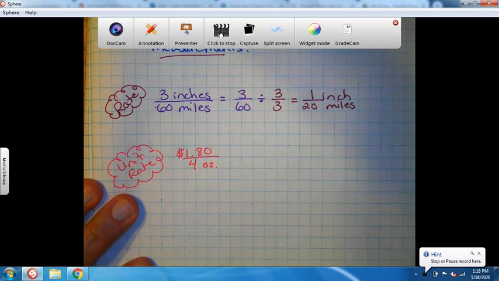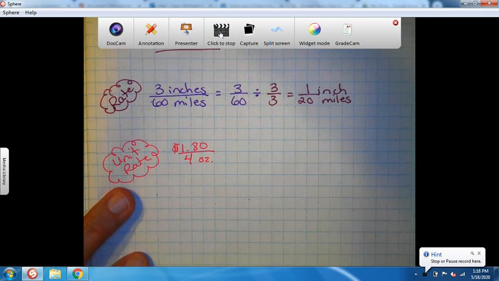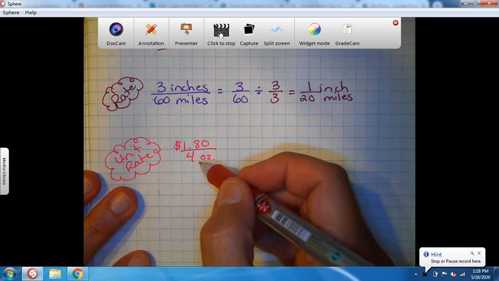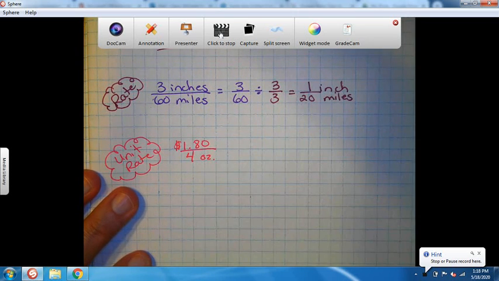Okay? So if something is $1.80, and you need to figure out how much 1 ounce is so you can see which one's a better buy. Because you have to go down to 1 to understand, oh, it's this much. So let's take a look at that.